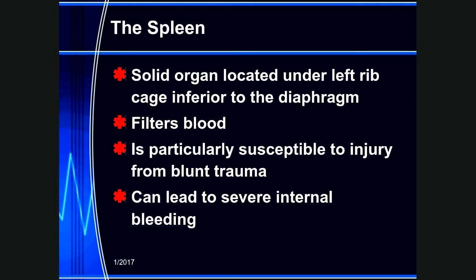And it's particularly susceptible to injury from blunt trauma due to its location. And it can lead to severe internal bleeding. Not only does it filter blood, it's also a reservoir for blood, that if we lose blood, it can be replenished through the spleen.